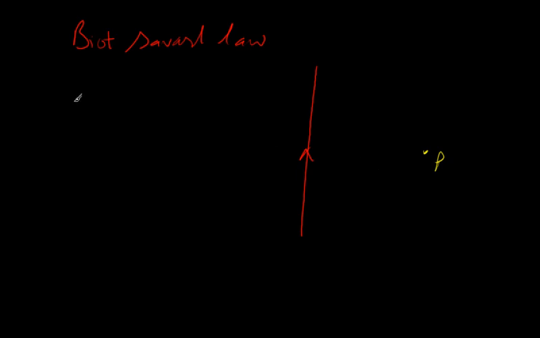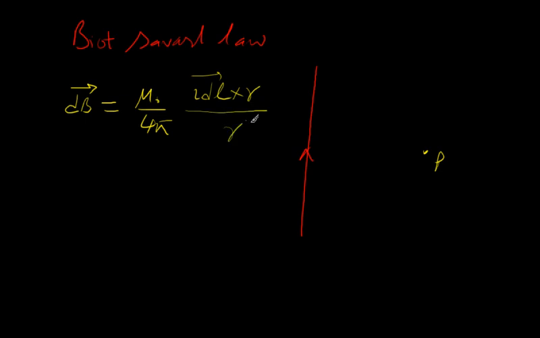As I discussed in the very first video of magnetism, dB because of the current carrying wire would be μ₀/4π times I dl cross r divided by r cubed.